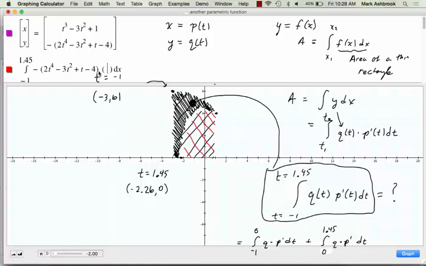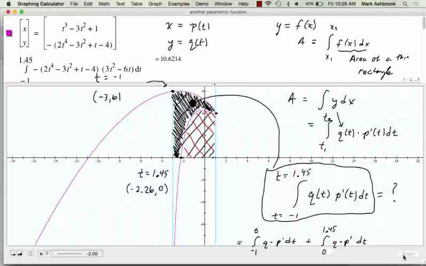And then times 3t squared minus 6t. And then we want dt. 10.62. So that area of that shaded region there is 10.62 square units.